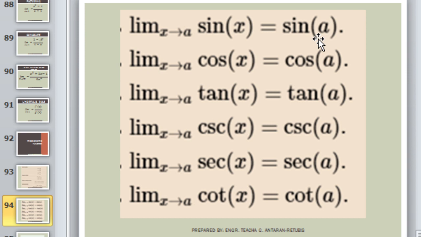But then, there will be cases, class, where our function or the result becomes indeterminate, like what happened last time, right? It could be that the result, when you substitute, is 0 over 0 or infinity over infinity, those kinds of cases.